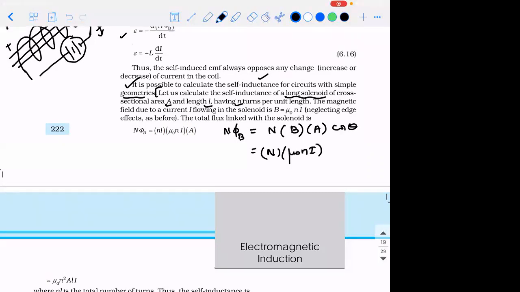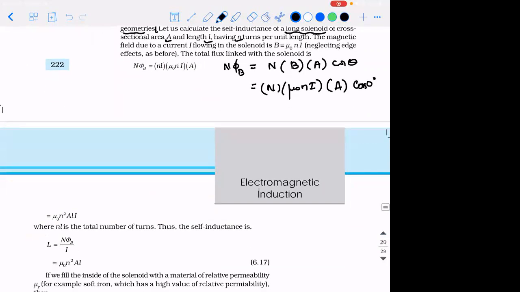Mu naught times n I. And the area of this coil is generally pi r square, but as of now I will write it as A only, because the cross-sectional area, when you see it from the left-hand or right-hand side, will look like a circle. A into cos of 0 degrees. So this is the value of N phi B.